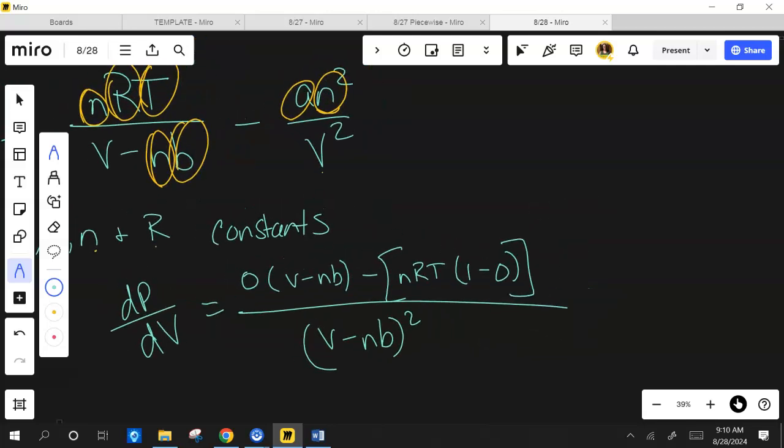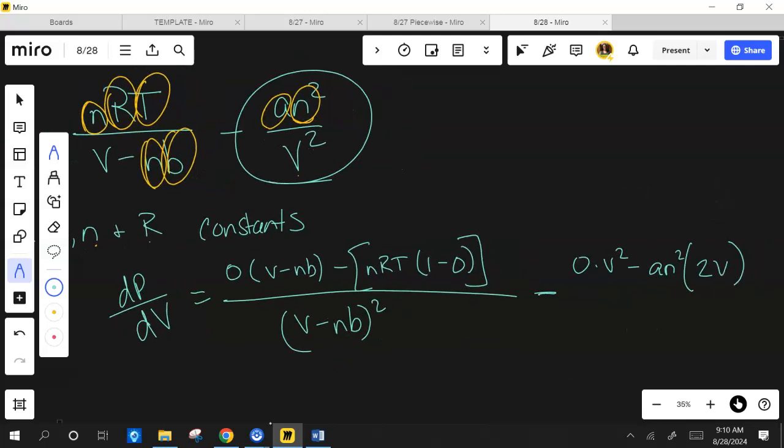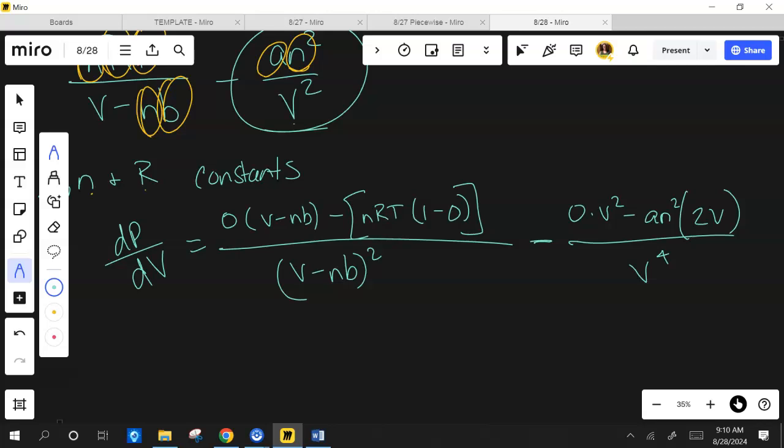Now I've got a second fraction there. Derivative of the top times the bottom minus the top times derivative of the bottom. 2v over bottom squared. Yeah? I know y'all feel like we're working for a very long time, and we are. These are actually your homework problems we're going through. All right, so let's go through. That's 0. That's 0.